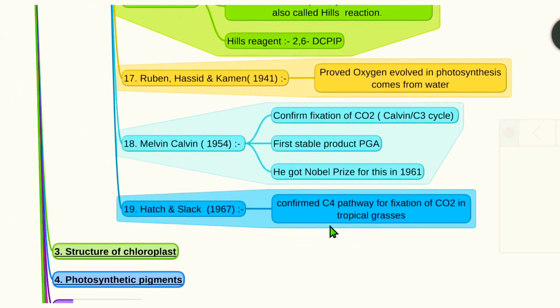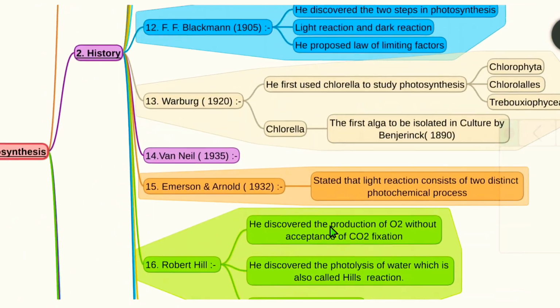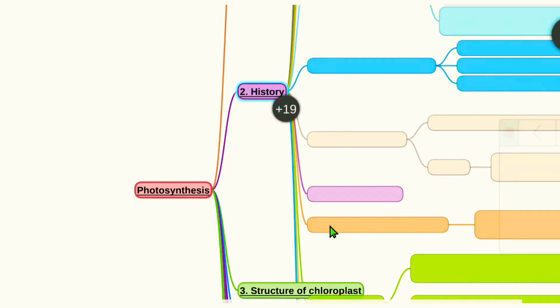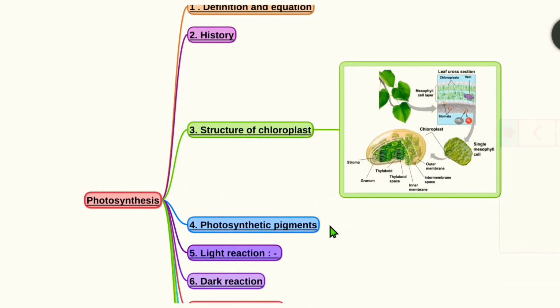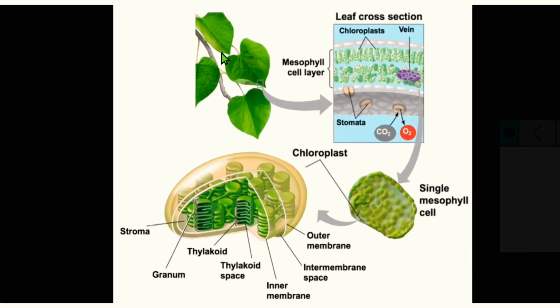We have seen the contributions of various scientists. We'll see next the structure of the chloroplast. This is the leaf cross section, and in these leaves the mesophyll is present. These are single mesophyll cells, and in these mesophyll cells the chloroplasts are present.